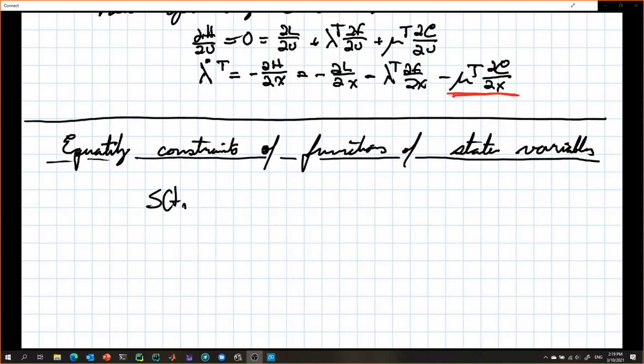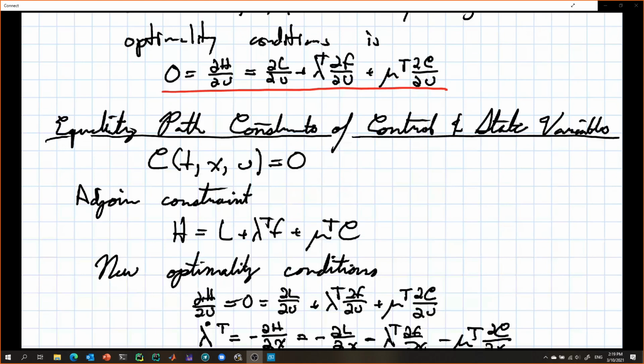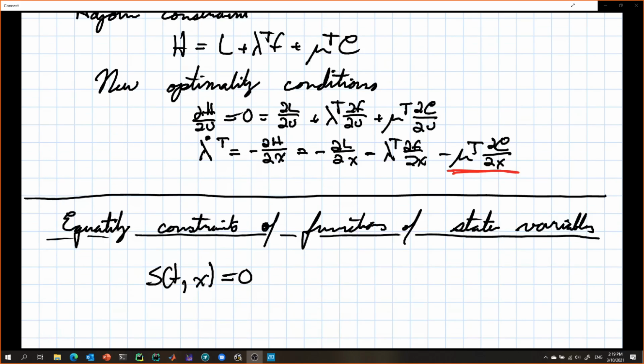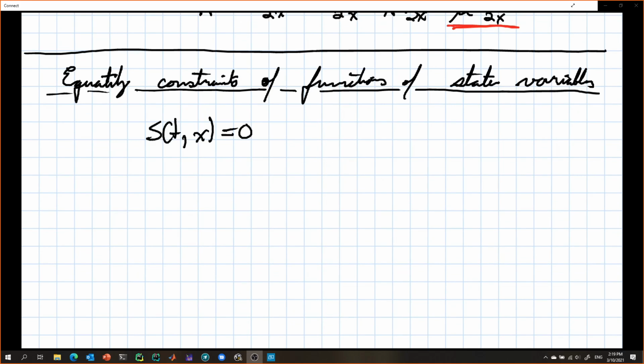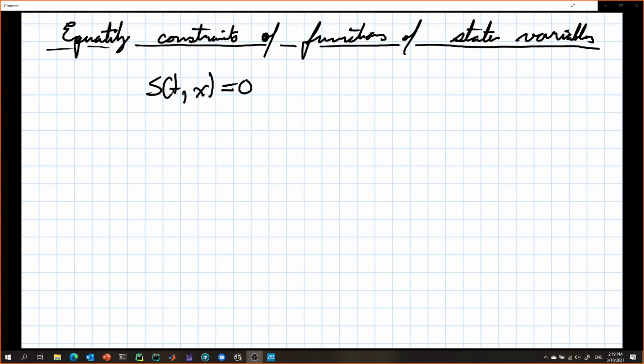So we have some S of t and x only, and that's equal to 0. And you might think that it would be more complicated. Like this seems less complicated than what we have up here. But actually, when the control isn't there, it's harder. I'll go through it, but it actually makes the problem harder.